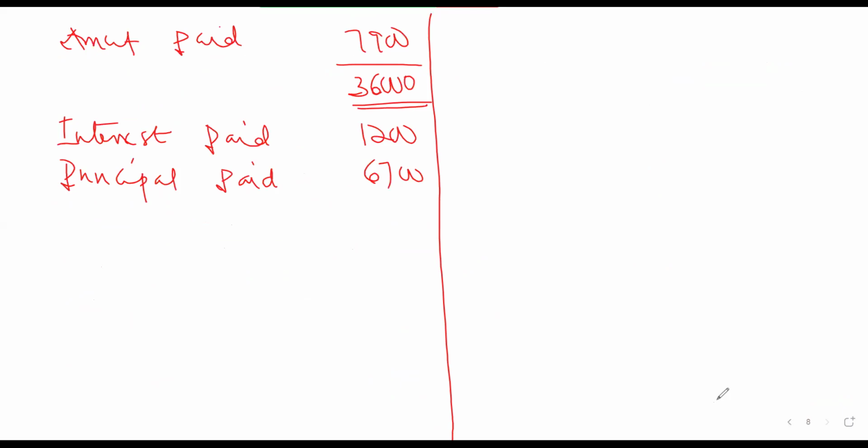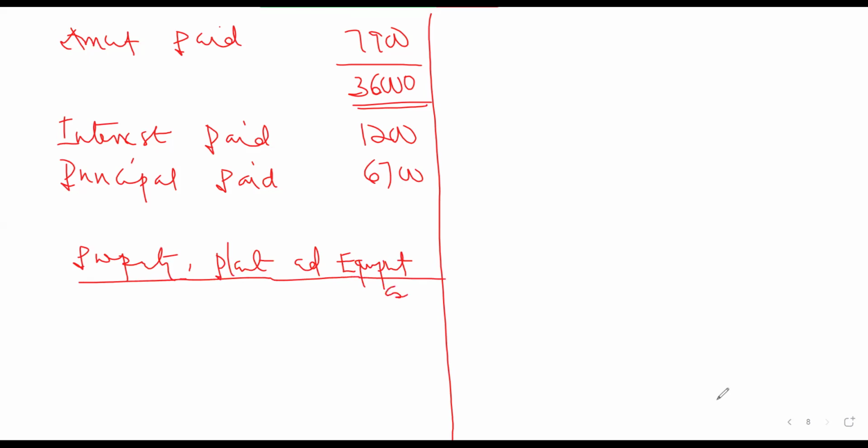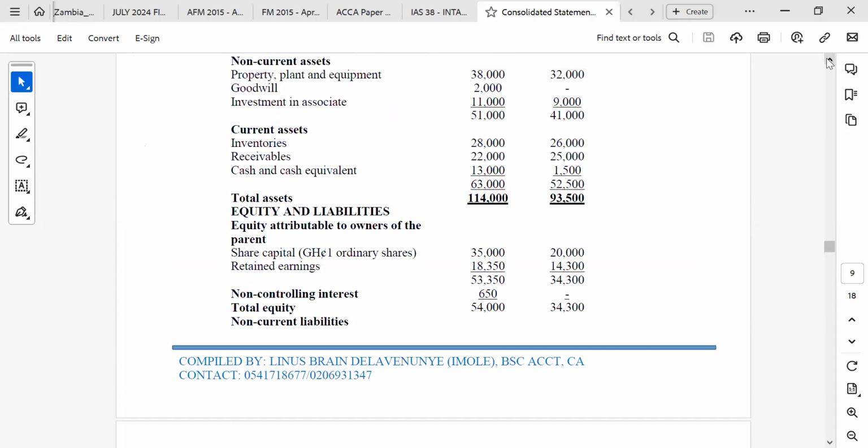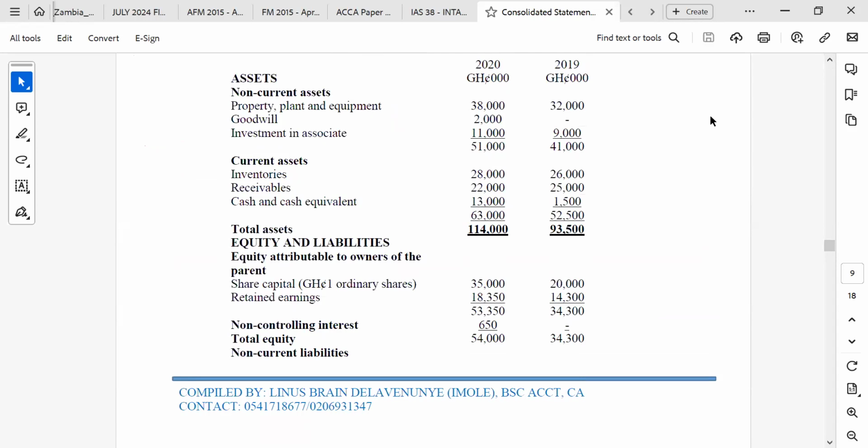So let's look at property, plant, and equipment. How was the closing balance determined? They have taken the opening balance of how much? What is the opening balance of PPE? 32,000.